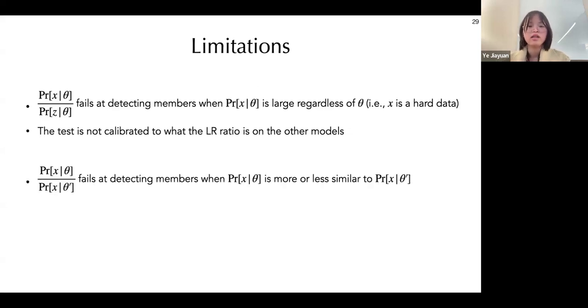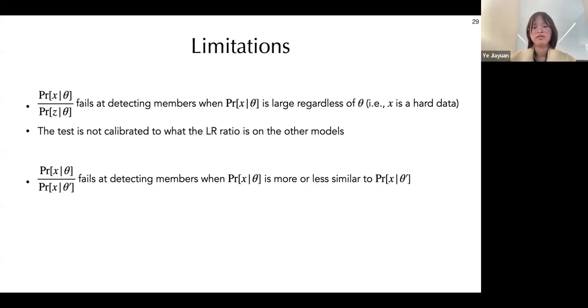Meanwhile, the later reference model-based attack compares theta, which is the target model, with the reference model theta prime for a fixed target data X. And this attack fails at detecting members when P of X given theta is more or less similar to P of X given theta prime.